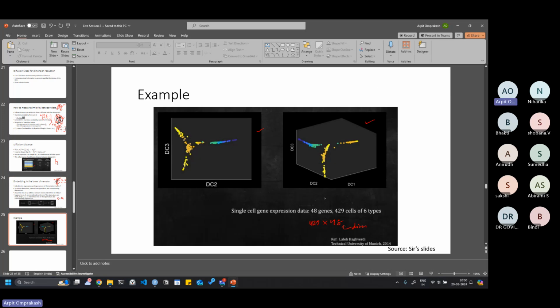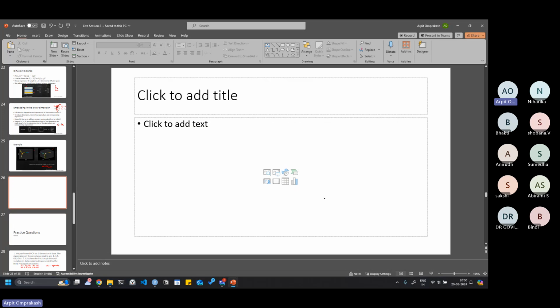And then we talked about some examples of diffusion. Towards the end, the things that we talked about were more about the model and embedding and how to do it.